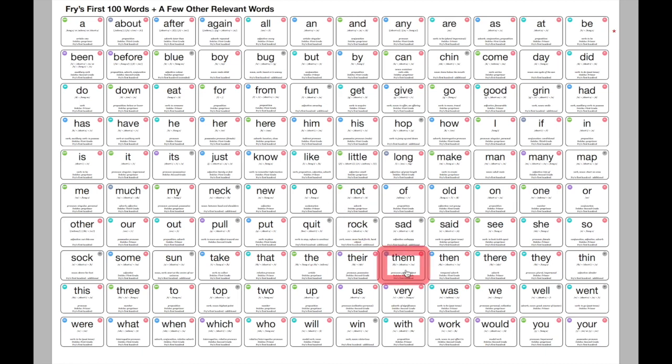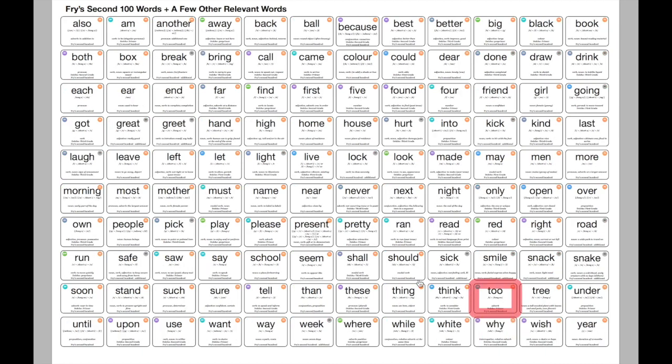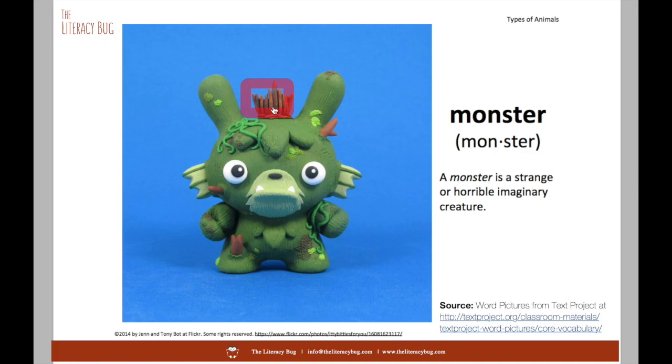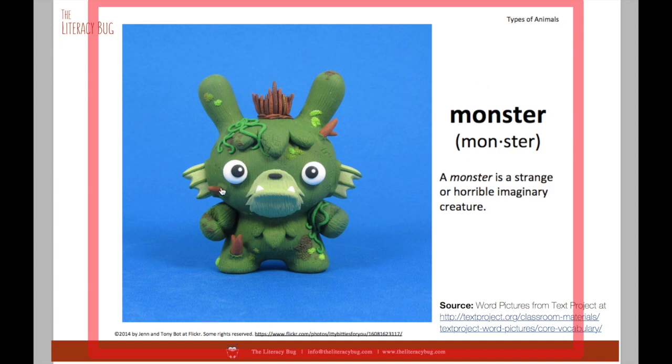This is just a page of Fry's first 100 most common words in the English language, and then the second 100 most common words, and the third most common 100 words in the English language, with a few extra ones thrown in there by myself. And children being able to decode and recognize words in their environment, like monster.